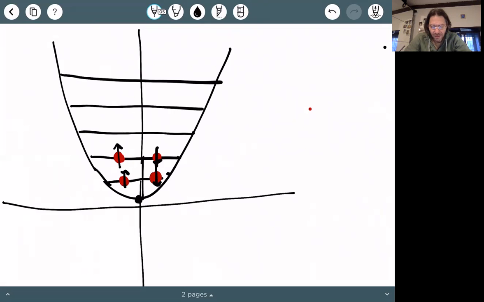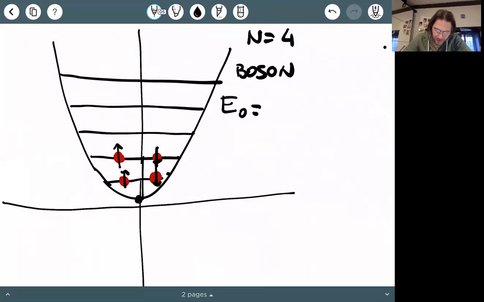So suppose there are 4 particles. If there are 4 bosons in a harmonic trap, the ground state energy will be 4 times h bar omega half, so it's going to be 2 h bar omega.